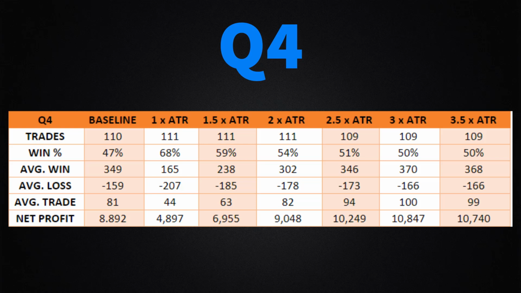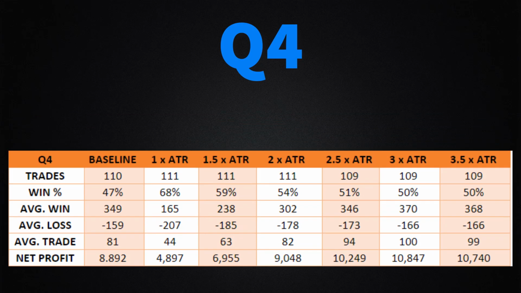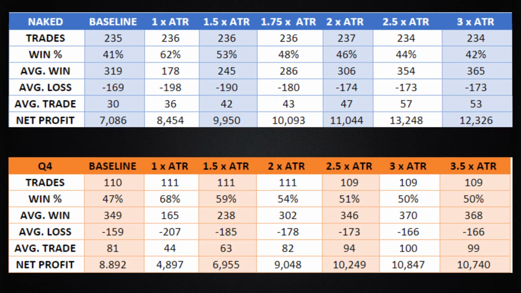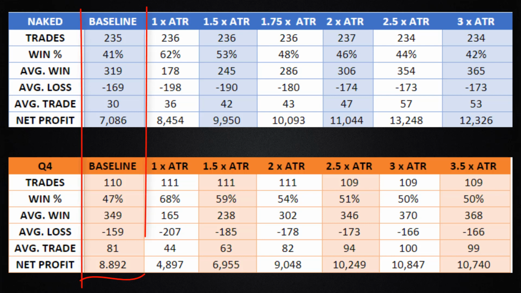Now, what's interesting, and this is going to be important going forward, if we take both of those tests and look at them in comparison together: during the baseline test, the Q4 qualifier outperformed the naked baseline test, and that's one of the reasons that it was interesting.